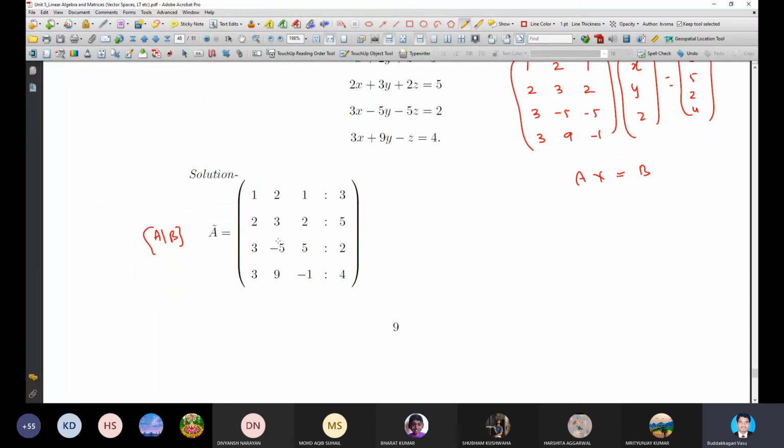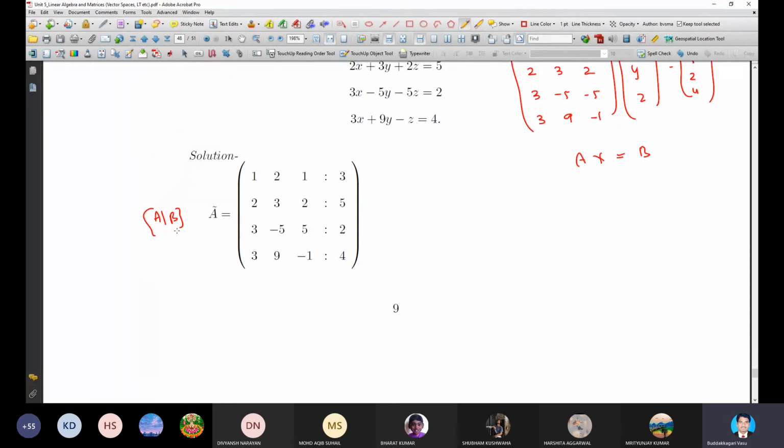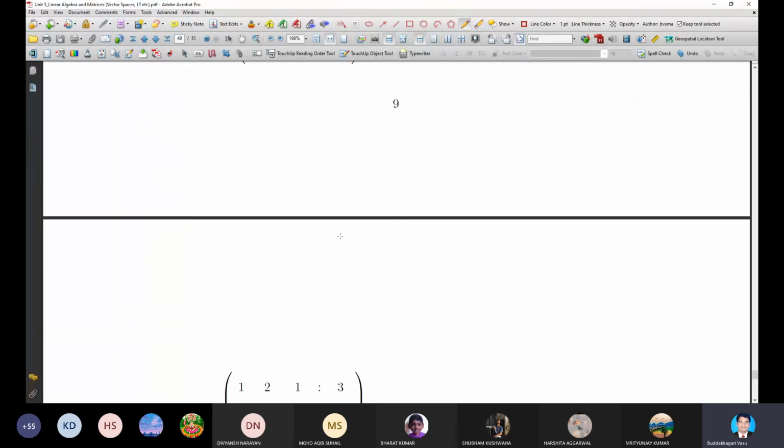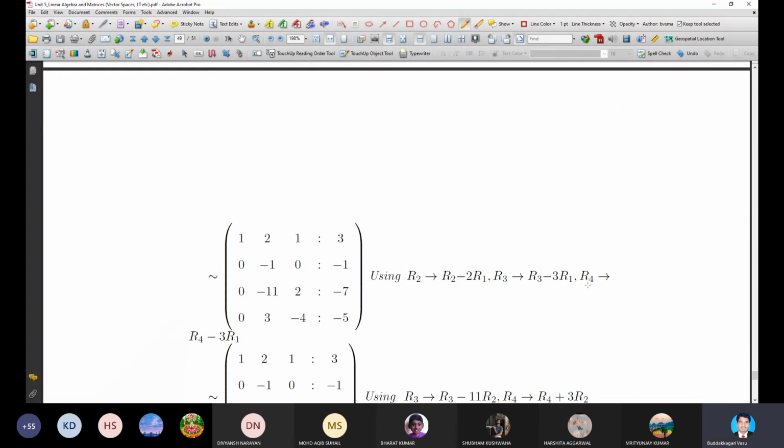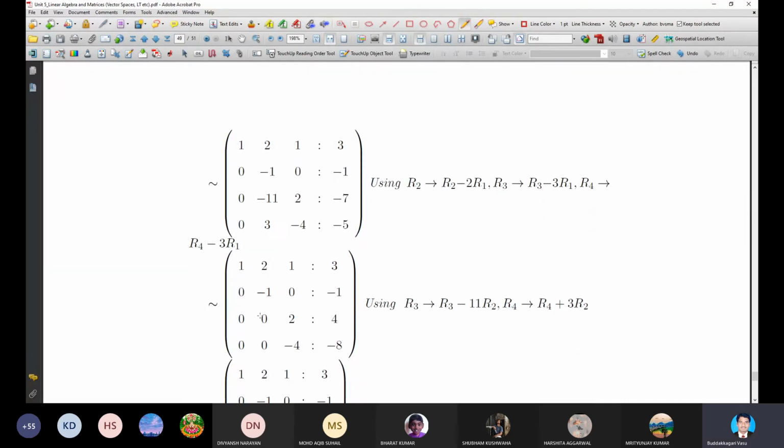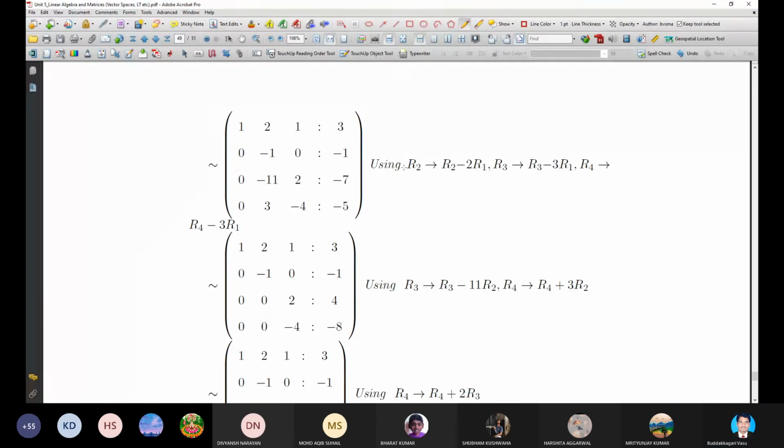Once you write down the augmented matrix, apply the elementary row operations and reduce this augmented matrix into row echelon form. You see it here, applying the row operations and reducing this into row echelon form. You make the elements zero in the first column after the first row element, and next the second row elements, these zeros.